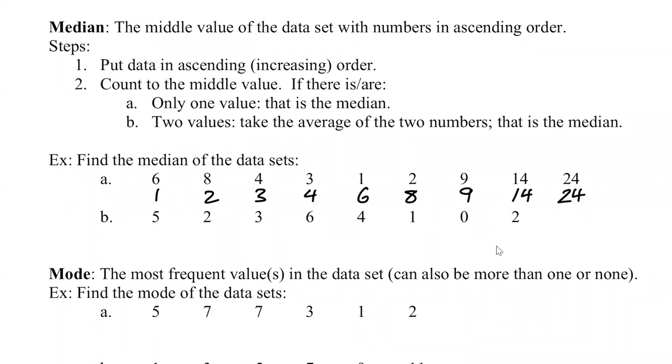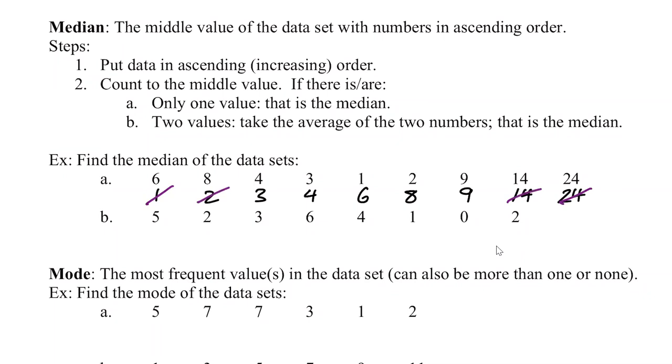When I'm counting to the middle, one of the things that's kind of tricky to show over a device, so I'm going to use tick marks to show that I'm counting off from each side. I'm counting inward, kind of like a cancellation technique. The 1 and the 24 cancel each other out. The 2 and the 14 cancel each other out.